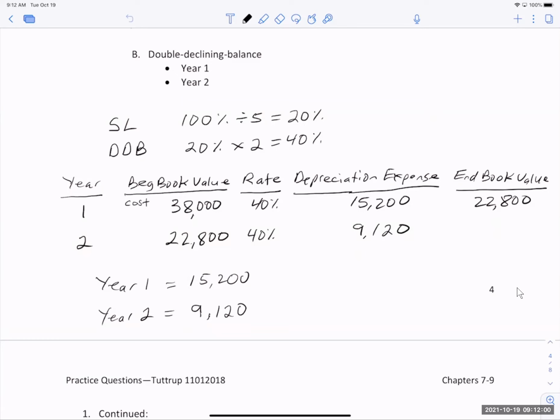You can't do that. If the last one goes below salvage value, you've got to adjust this depreciation expense. You've got to lower the depreciation expense so that at the end, your ending book value will be salvage. So in the last year, don't go below salvage. Just adjust it so that it won't go below salvage. Okay. So anyway, that's the double declining balance method.